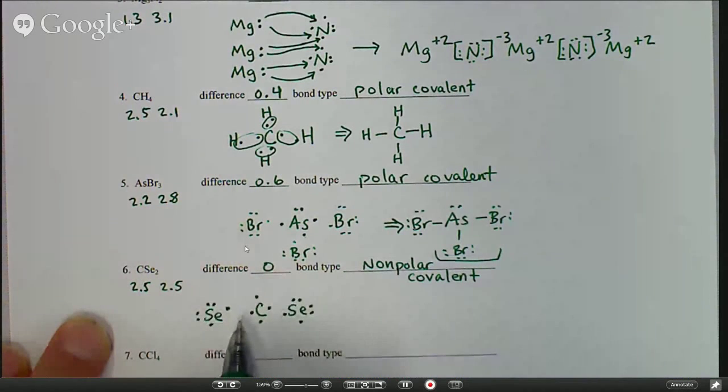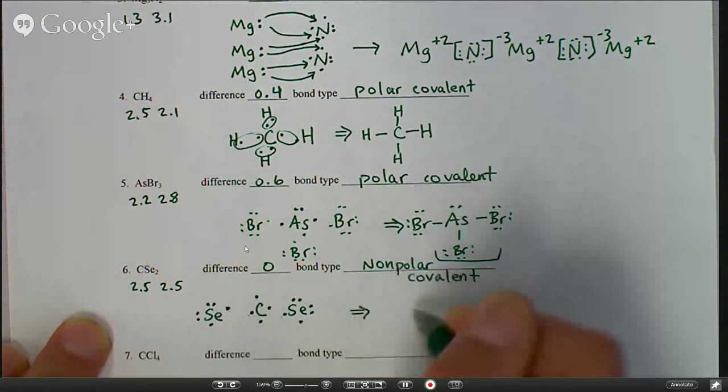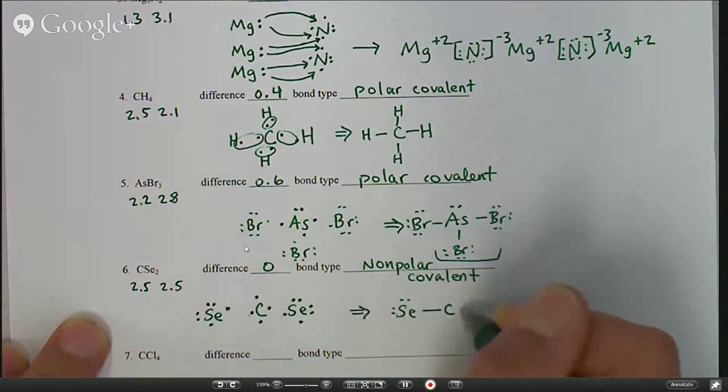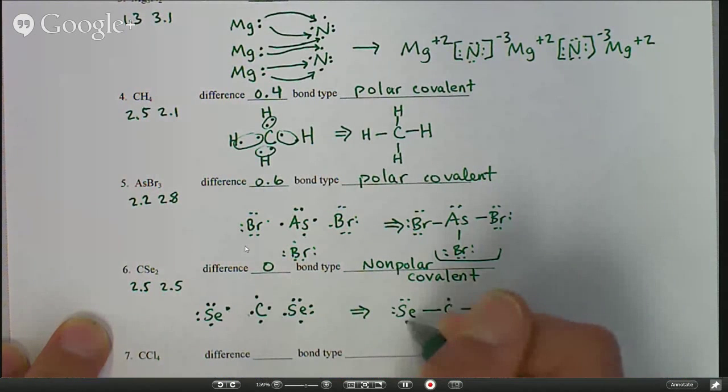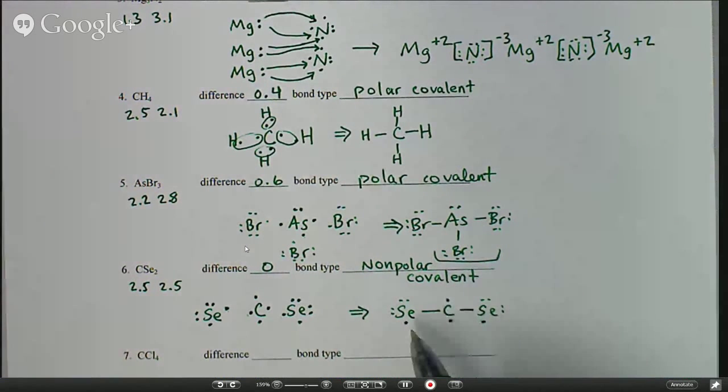And hopefully you could see we can pair up these 2 electrons and these 2, which would give us the following. Something like this. And then hopefully you see none of the 3 atoms have their octet fulfilled yet.